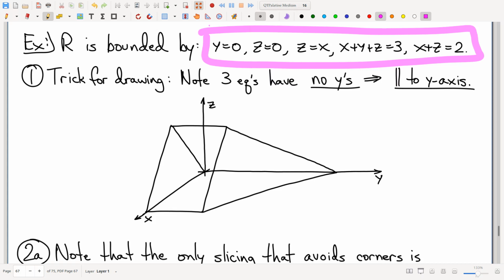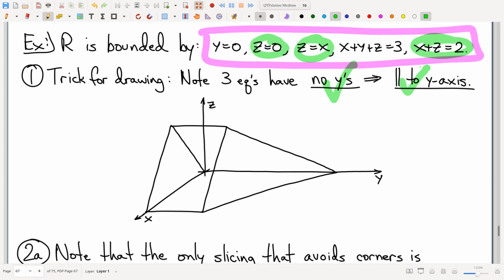But we have a massive bit of good fortune here, and this is going to be a callback all the way back to really early chapter 1. We made this observation that if you have planes that don't have any y's in their equations, that means that they are parallel to the y-axis, and that really makes them a lot easier to draw. Does everybody see how that happened? So we got 3 planes here.